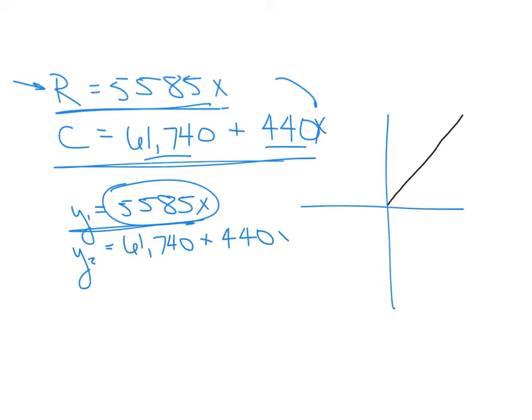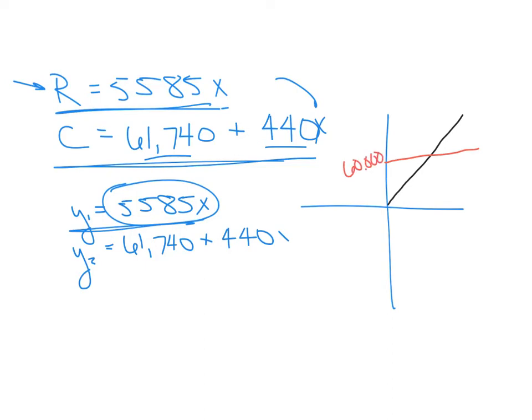And so it's going to look something like that. The graph also is not going to go beyond 0 into the negative, because you can't sell a negative number of items. You're either going to sell 0 and be right here with no revenue at all, or you're going to sell some and get revenue. The other graph is going to look similar to this, and that starts at 61,740.